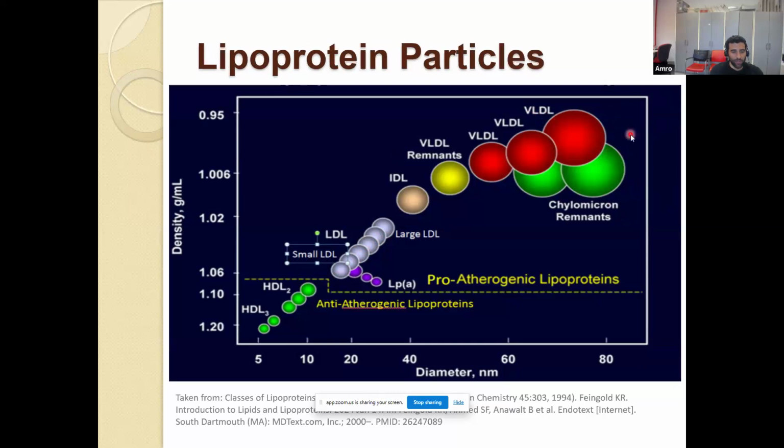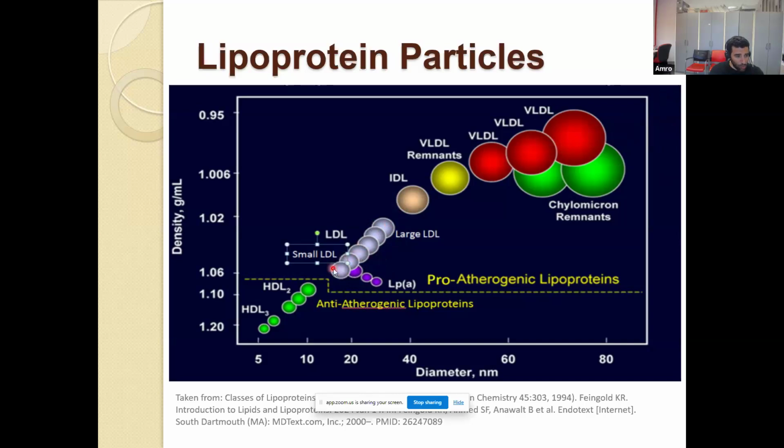VLDL is bigger than IDL, intermediate density lipoprotein, and IDL is bigger than LDL, and LDL is bigger than lipoprotein little a. So what you can see is, as you move from bigger lipoproteins to smaller lipoproteins, they become more dense and more packed full of cholesterol.